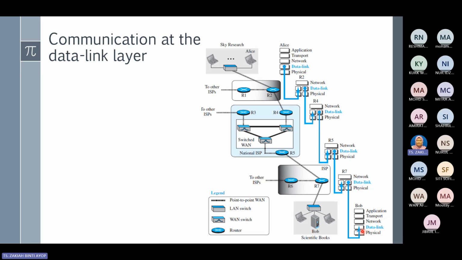Bob is the sender, Alice is the receiver, right? But in order to send the packet, the communication on the data link must know what is the next device or network intermediary device that it can connect, that can forward the packet datagram.